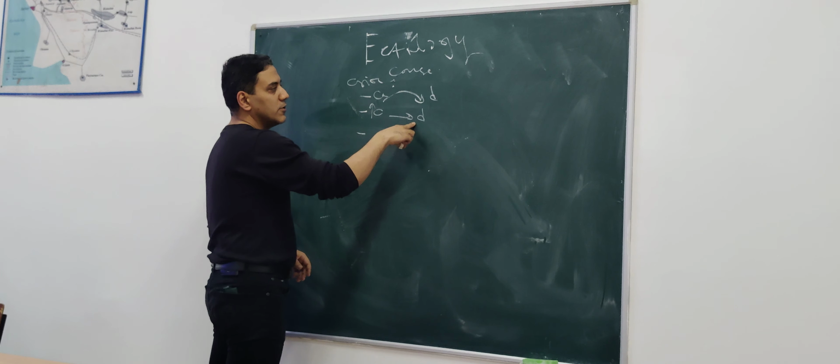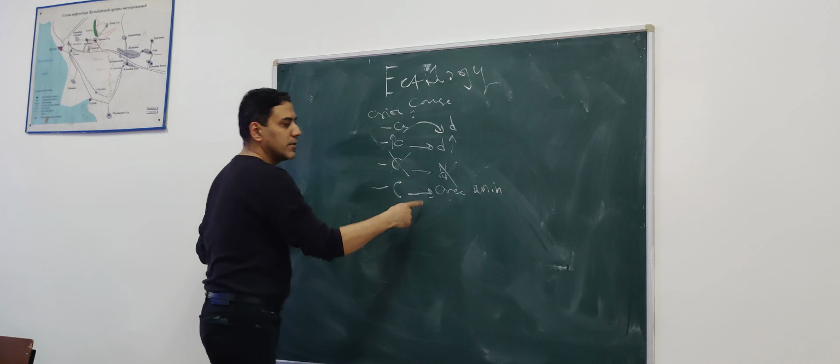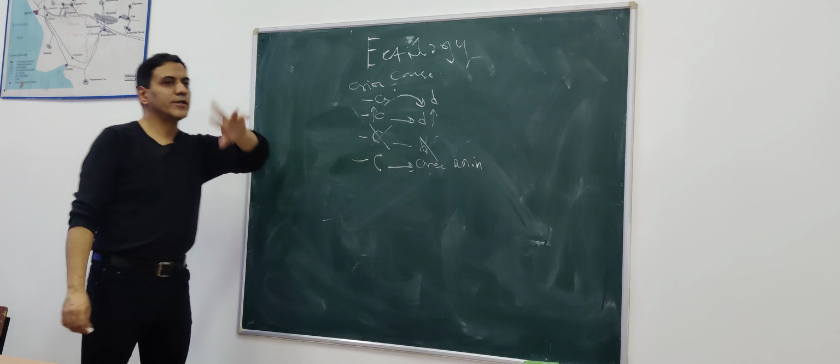Then, if we remove the causative factor, we can remove the disease. It means we can treat the disease. And the last one: if we know the causative factor, we can create the disease in animals in an experiment. These are the four criteria of the causative factor of any disease.